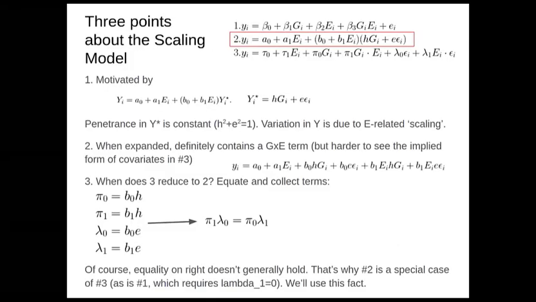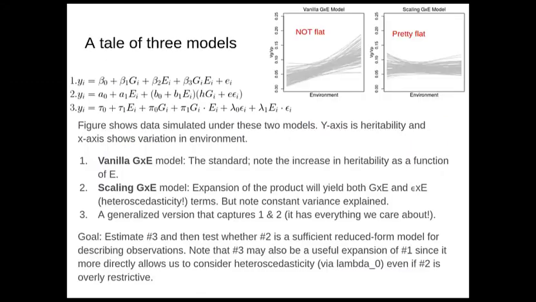So is the main concern that when we have different variation across an outcome, what we observe as a G by E interaction may actually not be a G by E interaction, that it's really just due to the differences in heritability across the particular outcome that we're looking at?